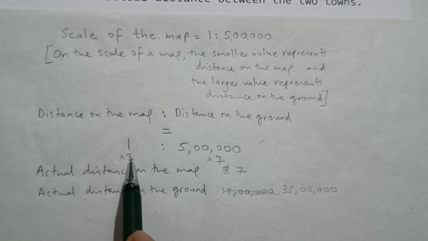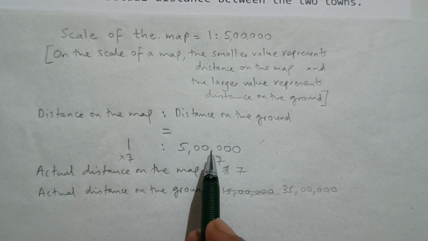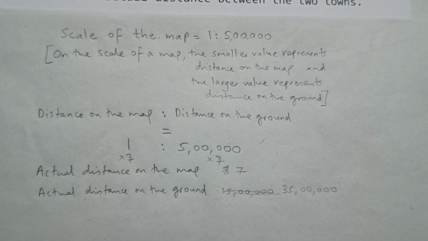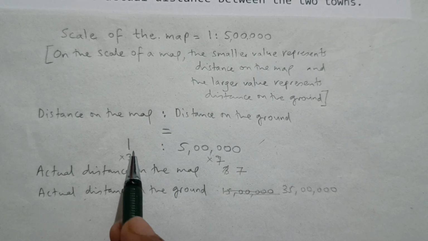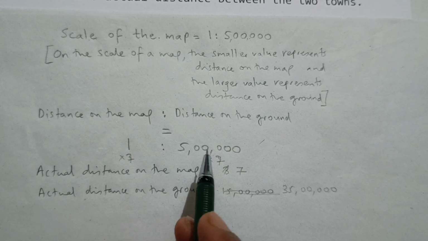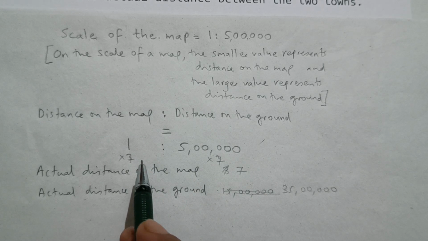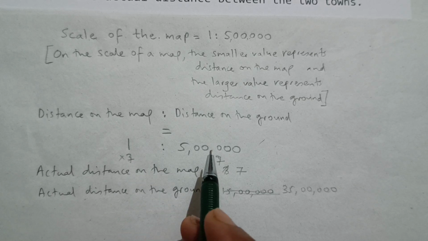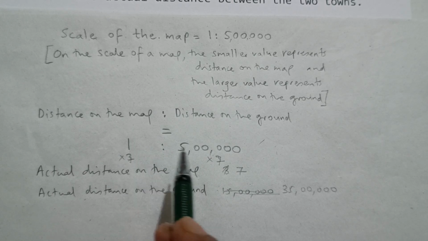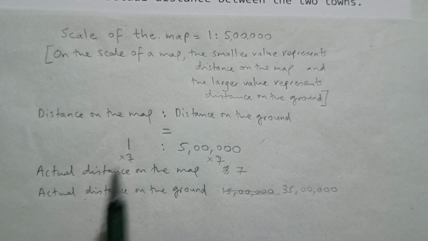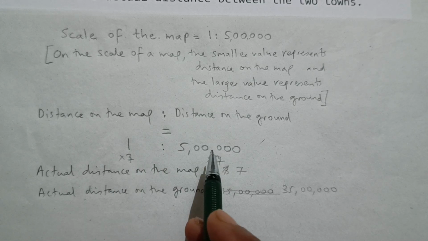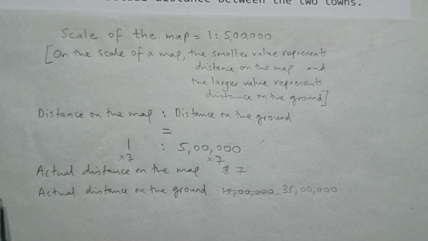Now, by what number I have to multiply this ratio, that is not known to me. Whether I should multiply this ratio by 3, by 7, by 100, or by 500, that is not known to me.